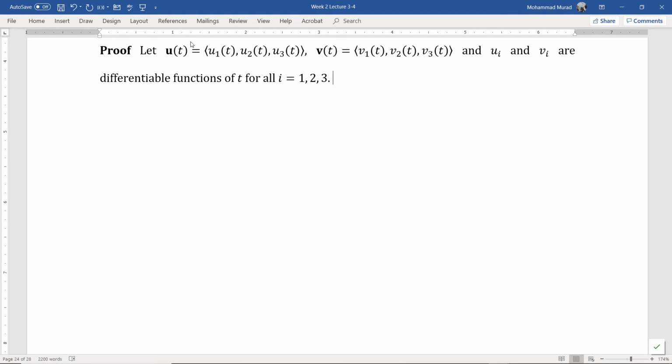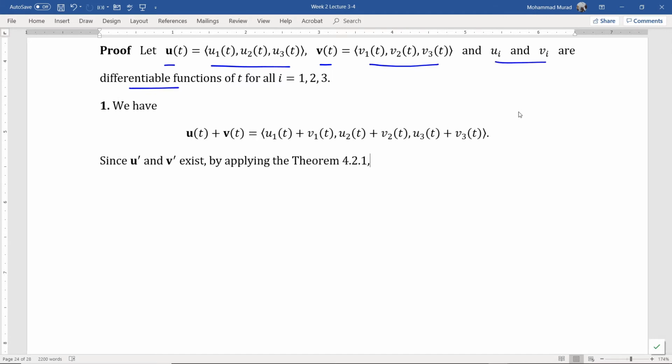To prove these rules, we need to consider the vectors u and v with components shown here, where each u function and v function are differentiable. Now we have u of t plus v of t equals the vector whose first component is the sum of the first components of u and v, and the second component is the sum of the second components of u and v.